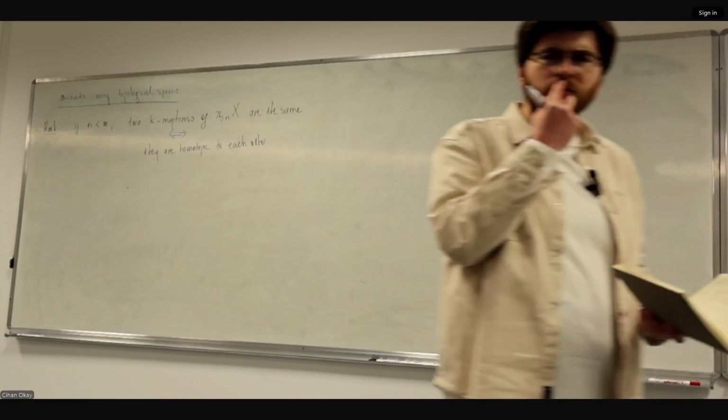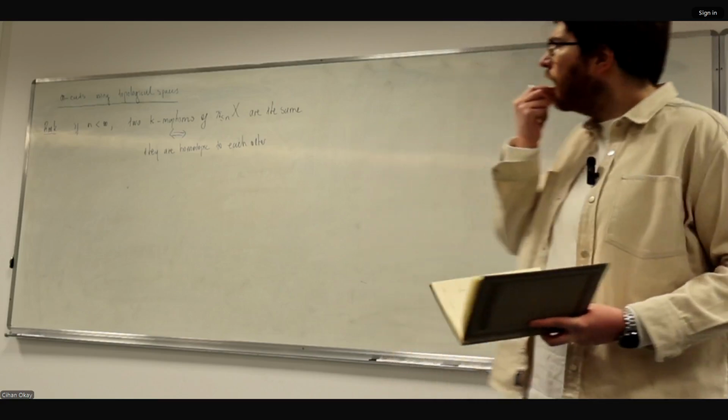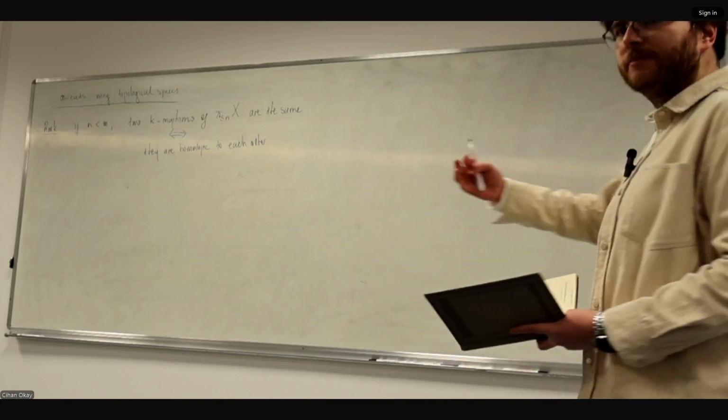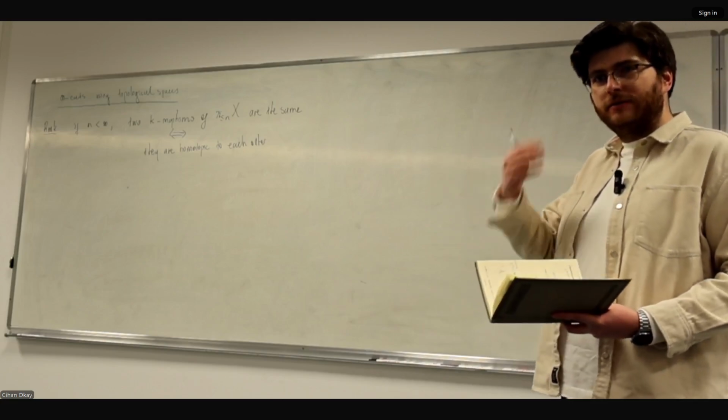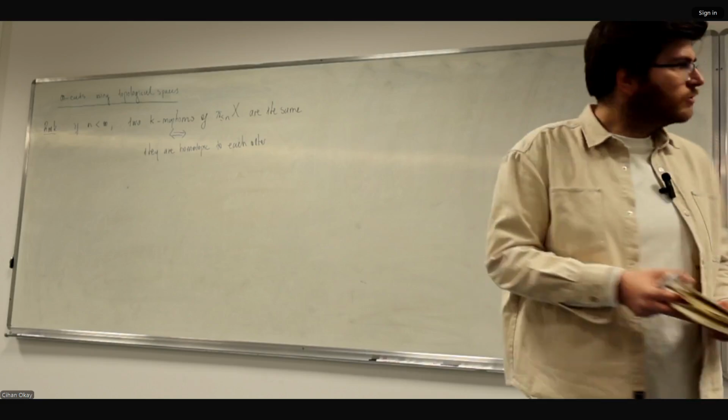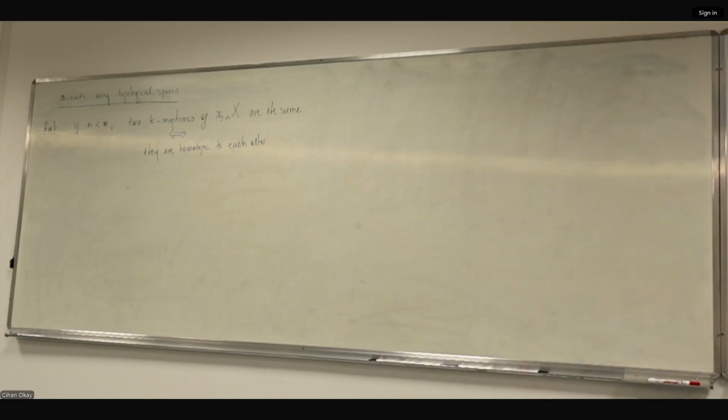What do you mean? So two k morphisms are the same if they're homotopic. It means that there must be some three morphisms as a homotopy joining them essentially. So doesn't it change the set of k morphisms?